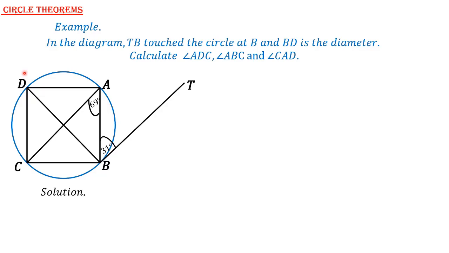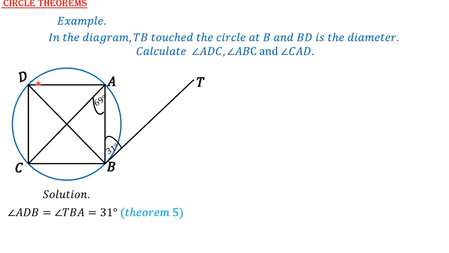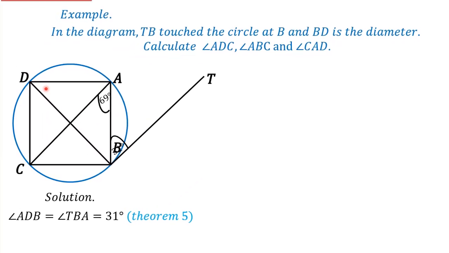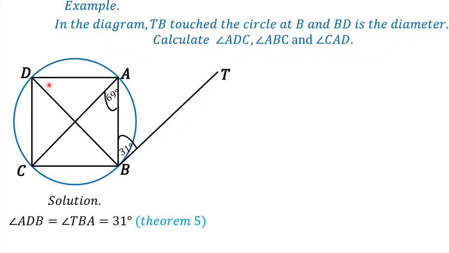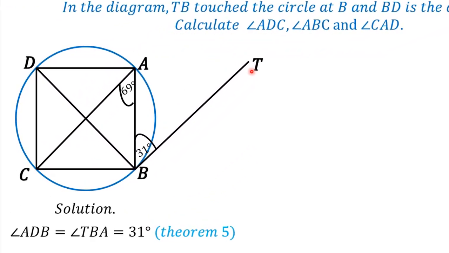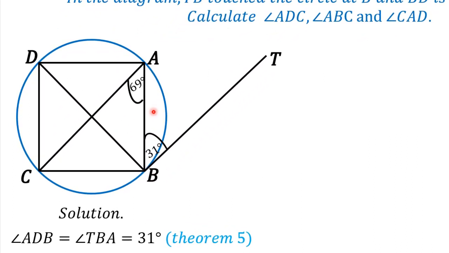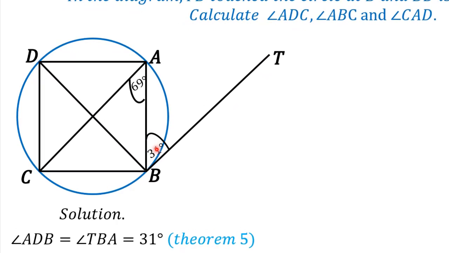Solution. Angle ADB, that's the angle here, is the same as angle CBA. So this angle here, 31 degrees, is the same as the angle here.